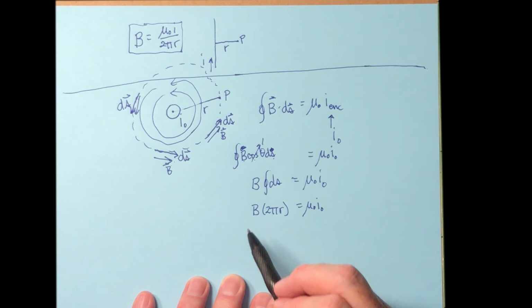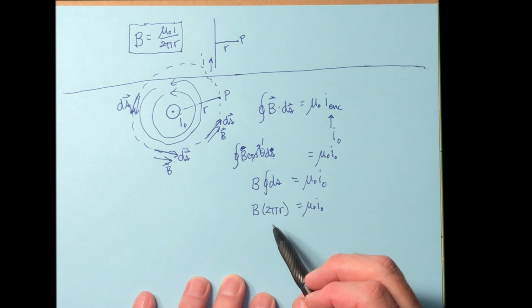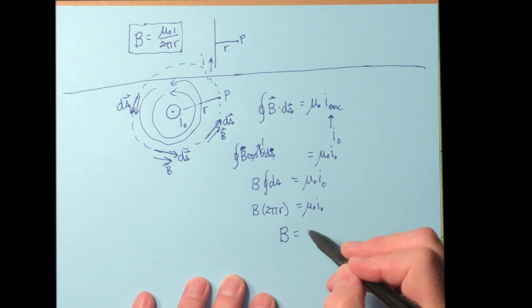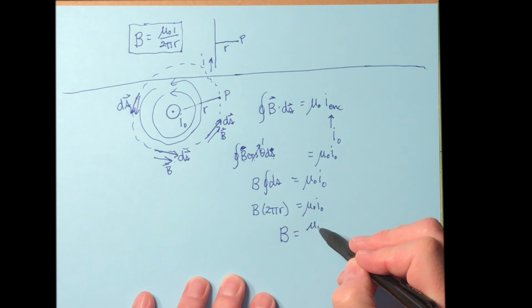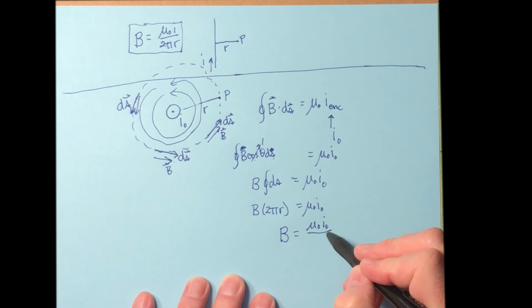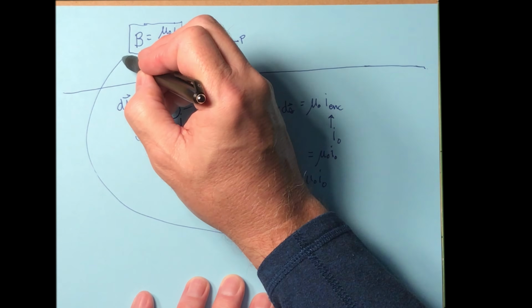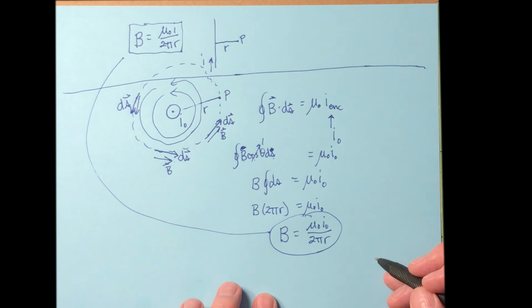We've worked the left side of the equation now. Now all that's left to do is to solve for B. B is equal to mu naught I naught over 2 pi r, which is what we expected it to be.